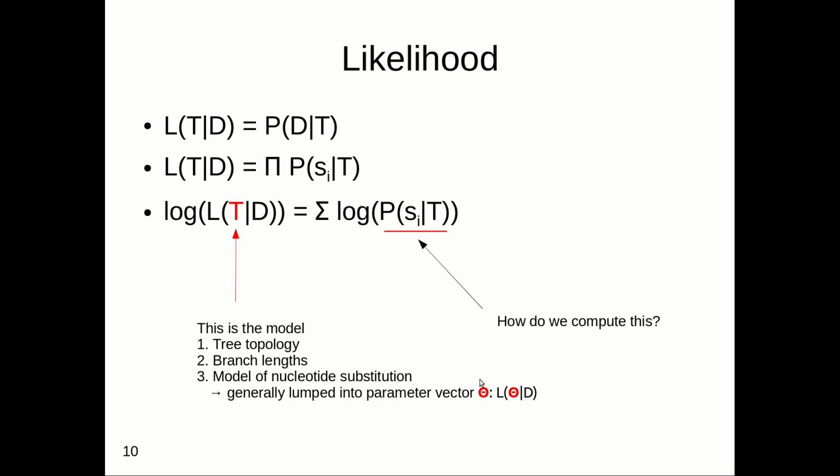For the rest of this lecture, we will just focus on the probability of observing a site, so the nucleotides at the tips, given a certain tree topology. Because if we can do that for one site, we can do that for all sites and thereby compute the overall likelihood of the tree.